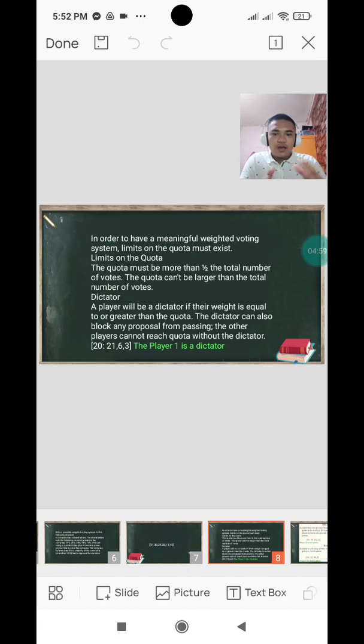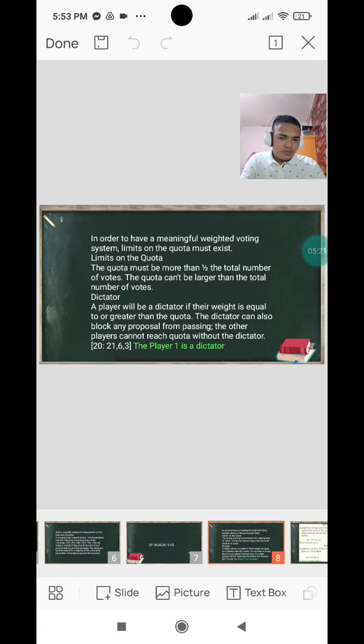Dictator: a player will be a dictator if their weight is equal to or greater than the quota. The dictator can also block any proposal from passing. The other players cannot reach quota without the dictator.